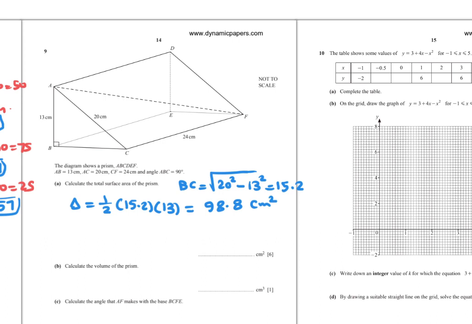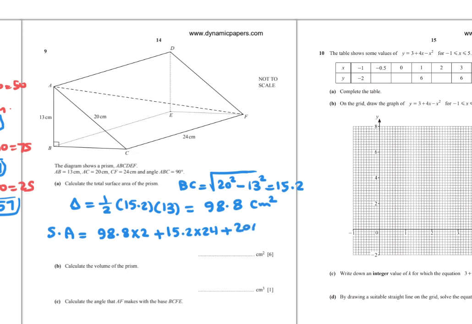Find the total surface area. Total surface area equals area of triangles. We have 2 triangles. So 98.8 times 2 plus area for the rectangle at the bottom, which is 24 times BC, which is 15.2. So 15.2 times 24 plus the rectangle at the top, 20 times 24.